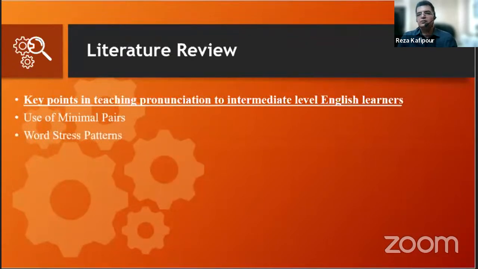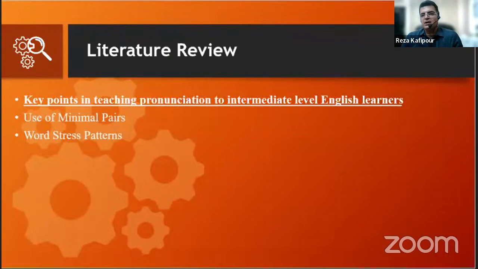The other one, as I said, working on word stress patterns. It helps students improve their pronunciation by focusing on short sentences using standard word stress patterns. For example, keyboard, and you highlight key in the word keyboard to show the place of stress. Or conduct, you highlight duct as a verb, the second syllable in the word conduct as a verb, and show it as the syllable on which we need stress.